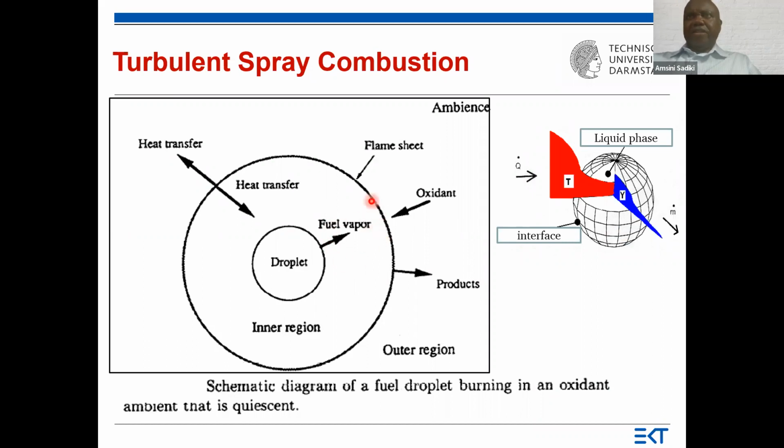And if we get a flammable mixture in interaction with oxidant, we have a flame, and this flame sheet can develop, and we have some product. So we can say we have the internal region and the outer region of our flame, of our system.